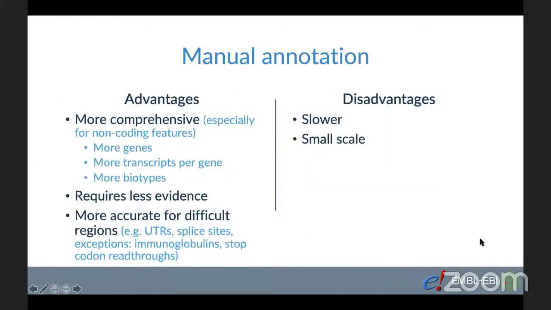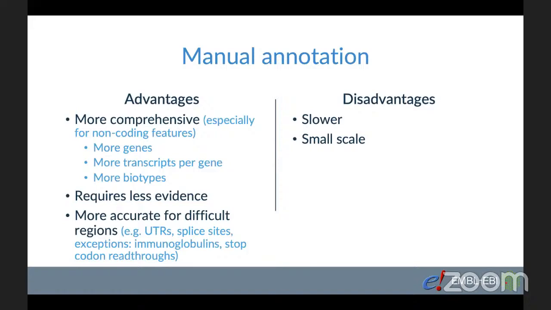So what are the advantages of manual annotation? Well, first of all, it's more comprehensive, especially for those difficult to annotate non-coding features. So it results in more genes in general, but also more transcripts per gene and more biotypes, especially the difficult non-coding biotypes like pseudogenes, stop codon read-throughs or nonsense mediated decays. It requires less evidence. By that I mean it could be more sensitive.